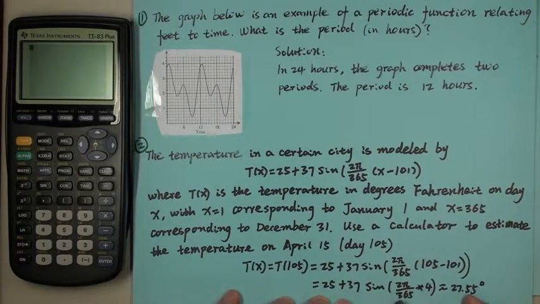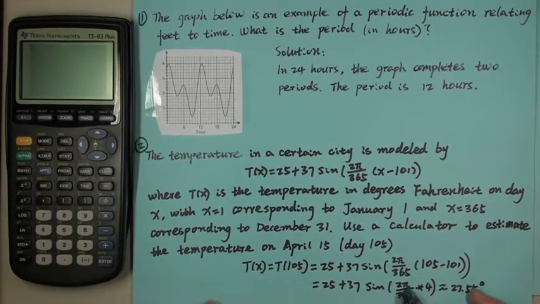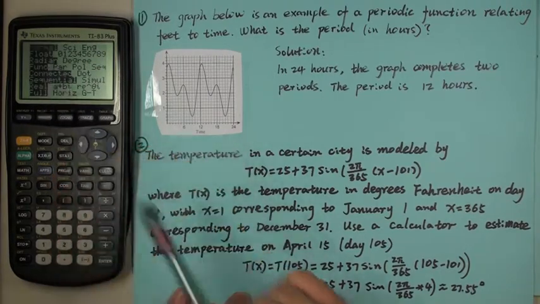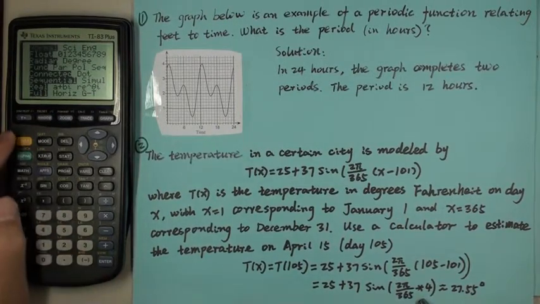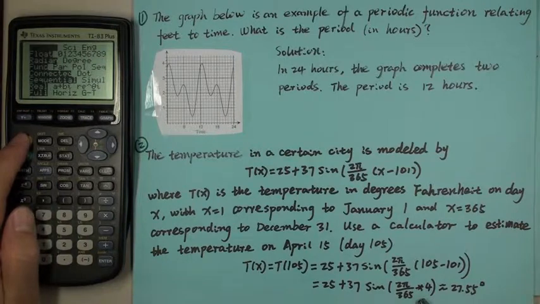First of all, make sure your calculator is in the correct mode. Here you know the radian is highlighted. That's important. You want to make sure that your calculator is in radian mode. Radian is highlighted, so that's in radian mode.